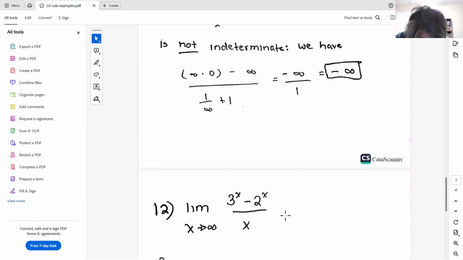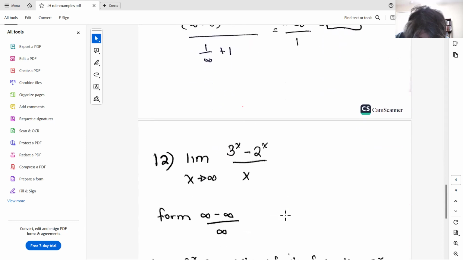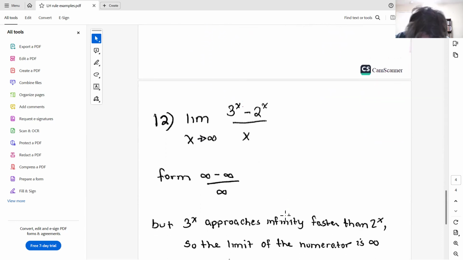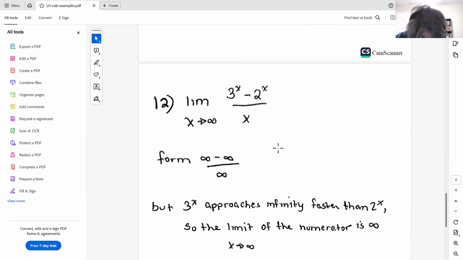Okay. The other one is problem 12, and I made a little bit of a bigger deal out of this than it needed to be if you came to see me. This is very similar: 3 to the x minus 2 to the x over x.